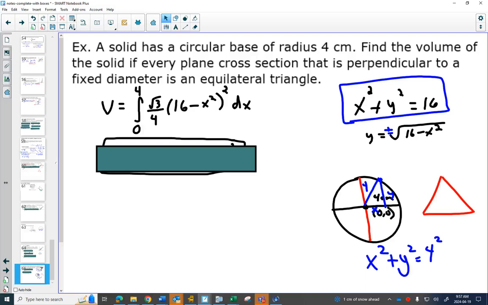One thing I could do is look at going from 0 to 4, and look at, what did we do here? This looks like setting up my equilateral triangles from 0 to 4, because I've got my root 3 over 4. That's my area of my equilateral triangle.